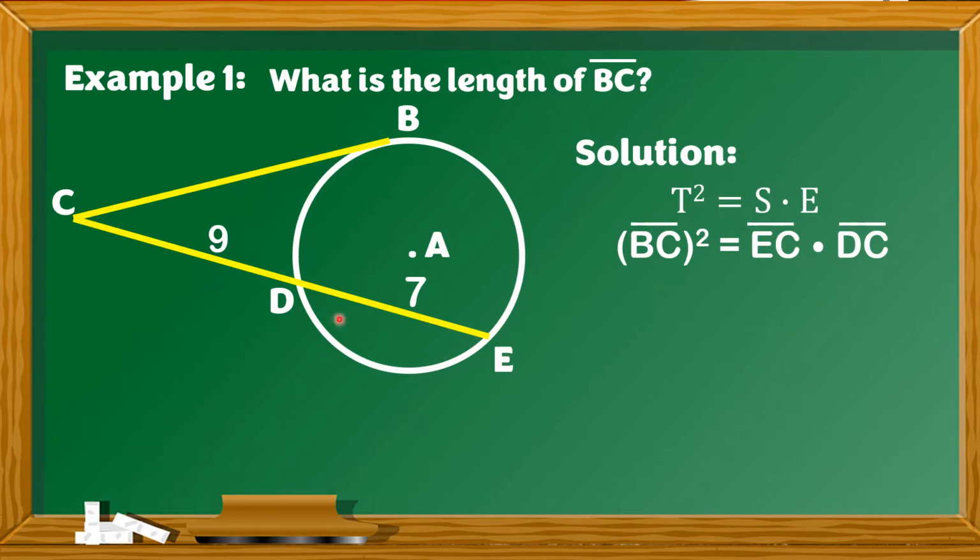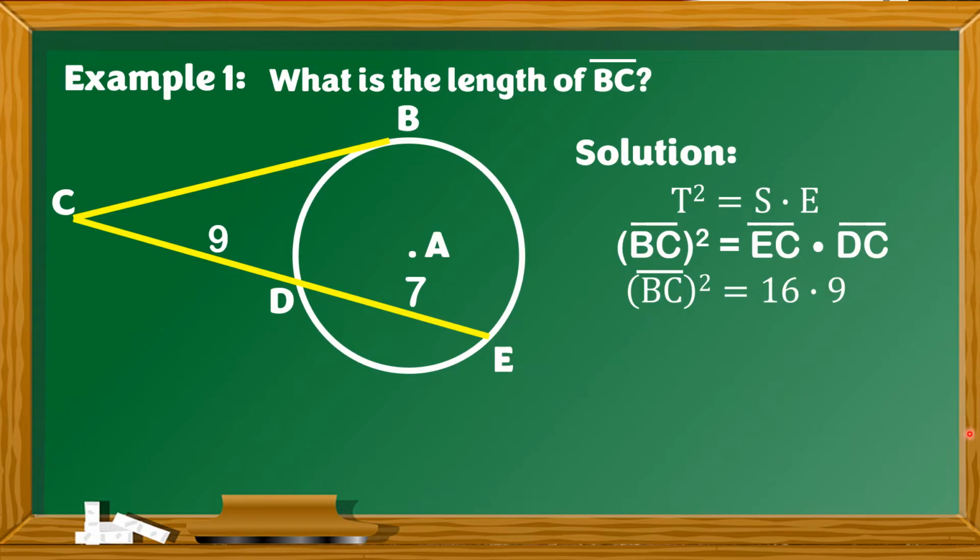Line segment EC is 7 plus 9, which equals 16. And the external segment, line segment DC, is equal to 9.